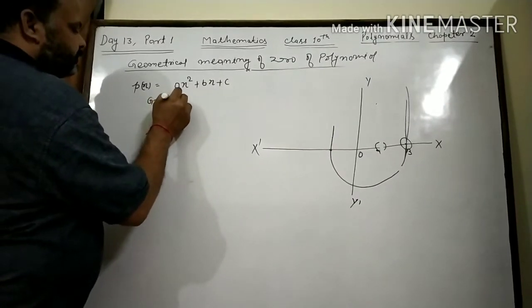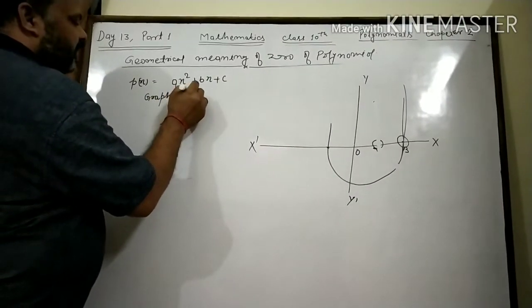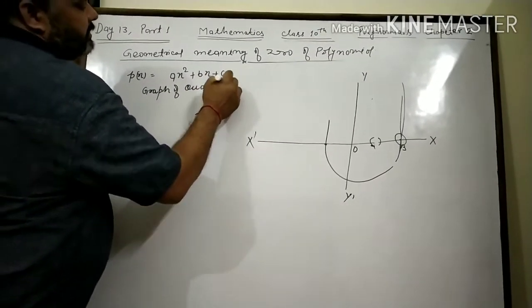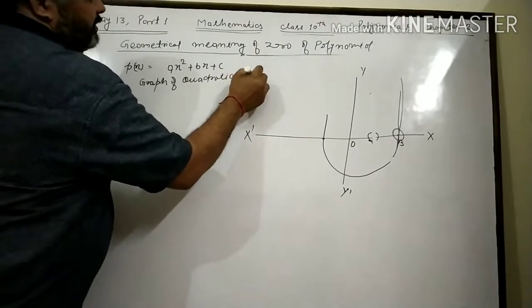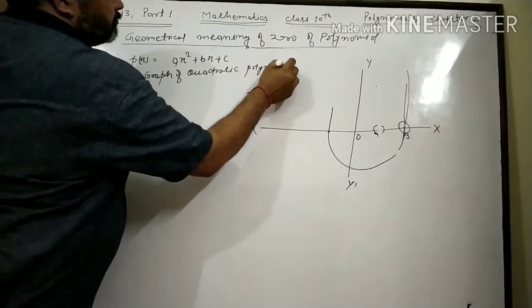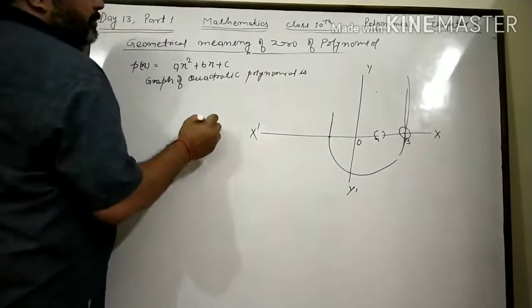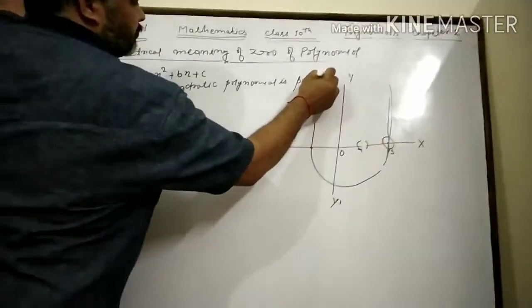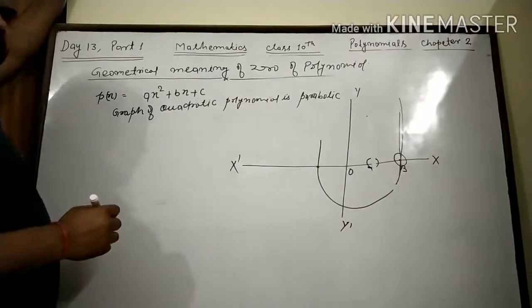The graph of a quadratic polynomial is parabolic. Clear?